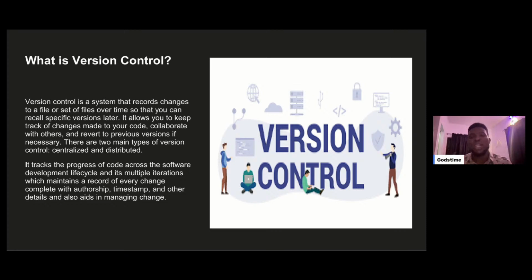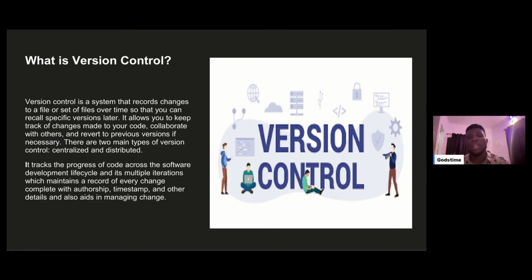For example, you have a shared repository you are working on, and in that shared repository you have to integrate code and make changes to the application code till the application goes live. What enables that process, that interaction, is version control. It allows you to keep track of changes made to your code and collaborate with other engineers.